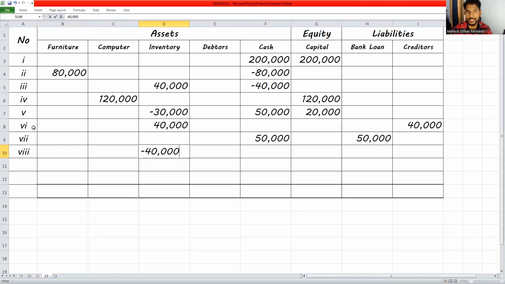Inventory minus 40. Remember, it is a credit sale which increases the debtors by 60,000. Now we have a profit worth 20,000, which is added to the balance of capital.